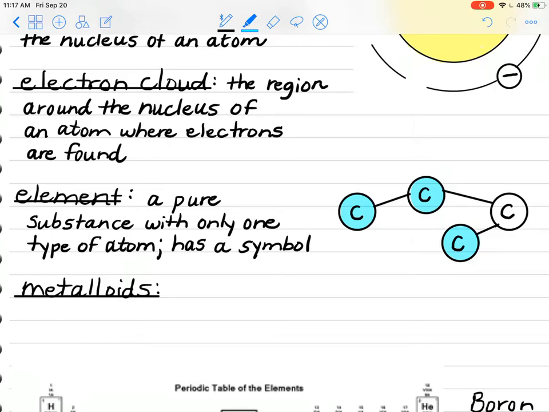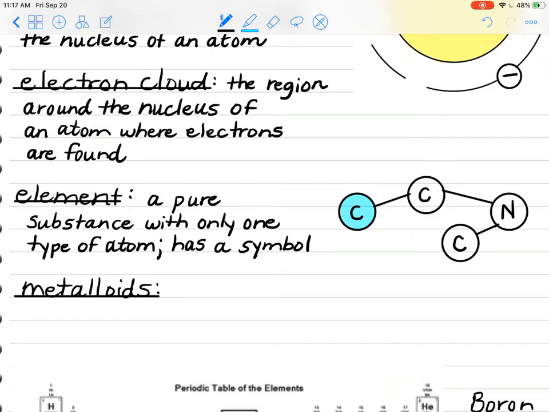However, if I were to do this, let's leave this one C, and make this one a nitrogen, would that be an element? No. An element is a pure substance with only one type of atom.